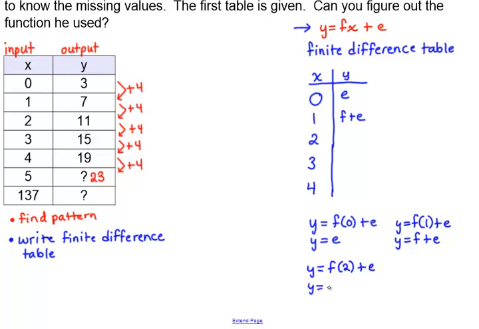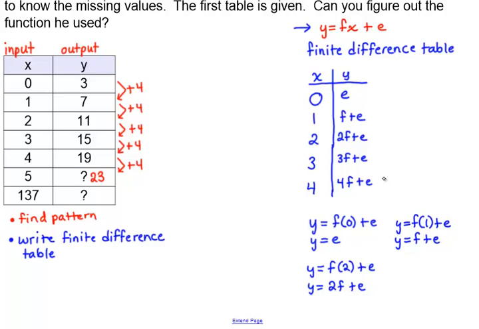Well, y equals 2f plus e. So this is 2f plus e. This is 3f plus e. And this is 4f plus e. Okay?